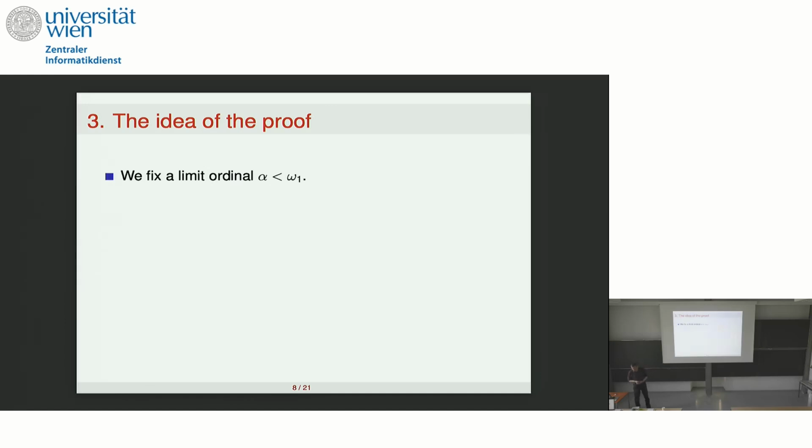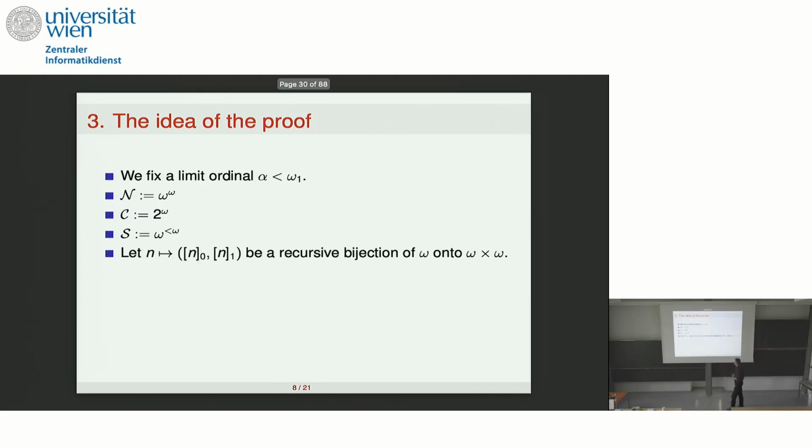Alpha will be a countable ordinal as before. Script N will stand for the Baire space, C is the Cantor space, and script S will be the set of all finite sequences of integers.